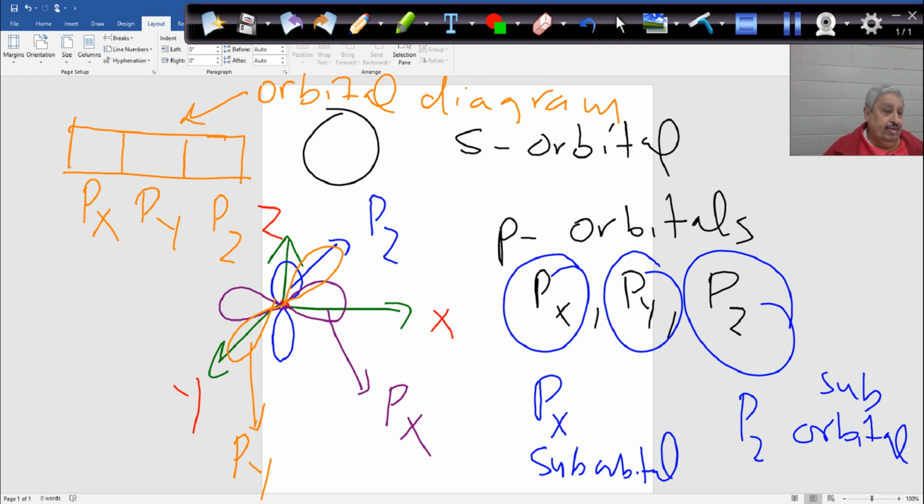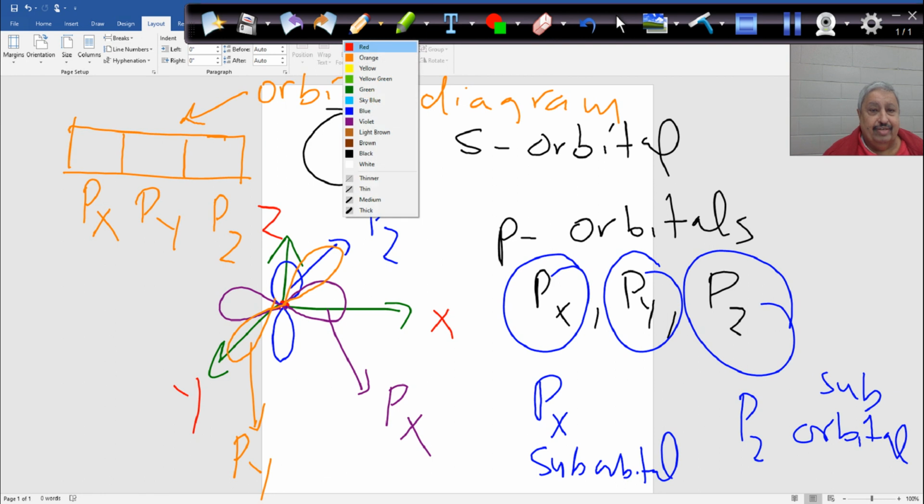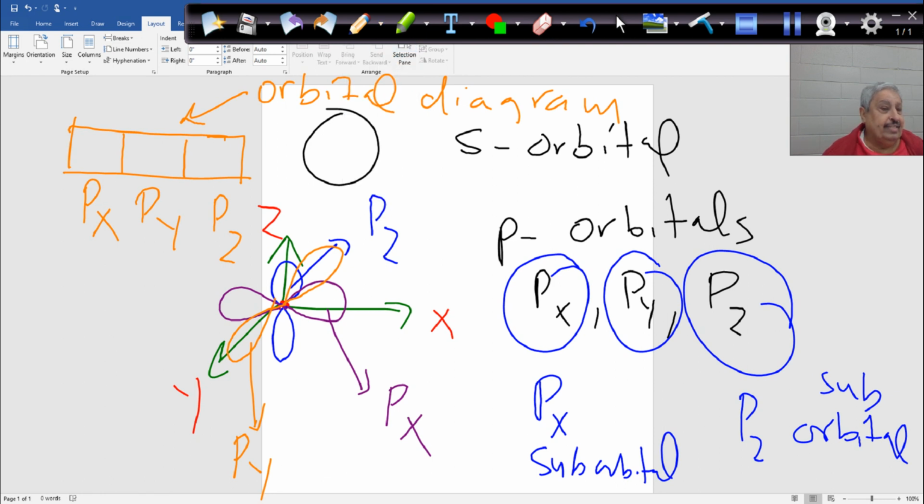Are you following? And when we enter electrons, we enter them as arrows. So arrow up, arrow up, arrow up. Those arrows are electrons.